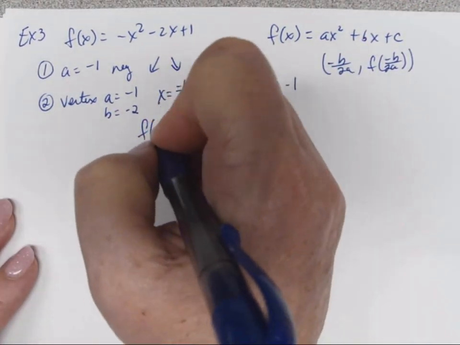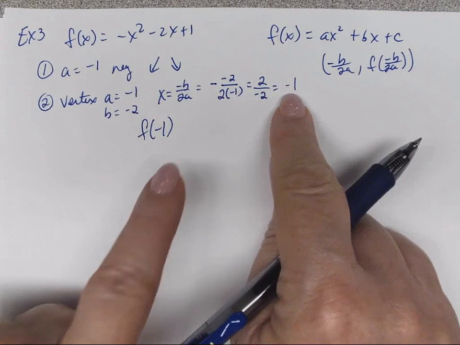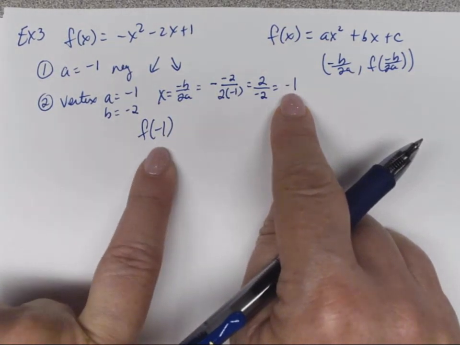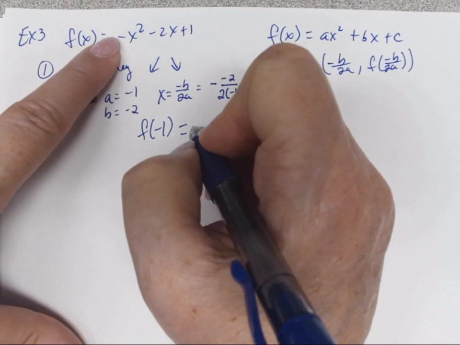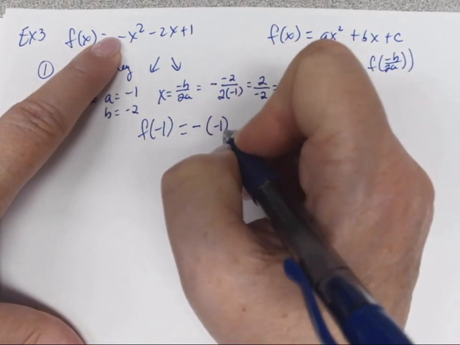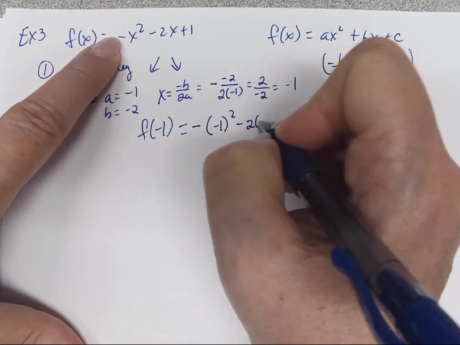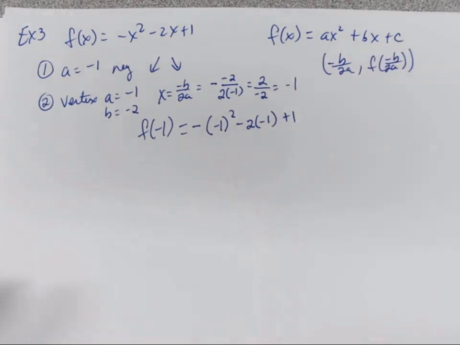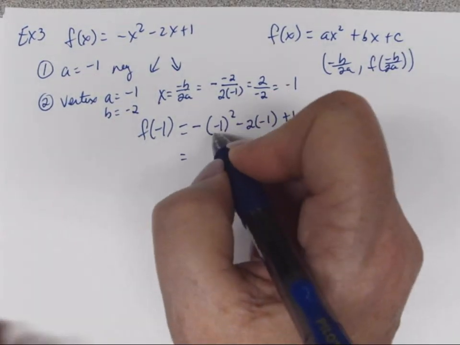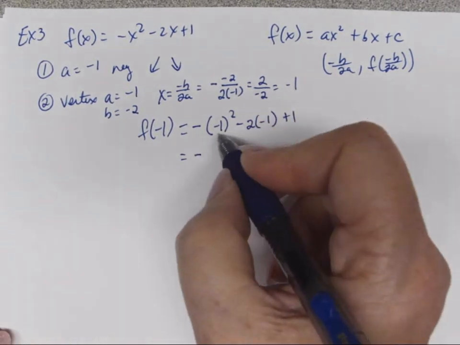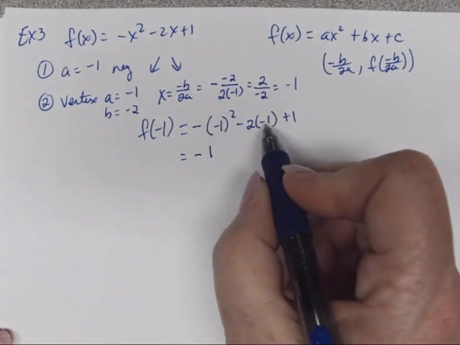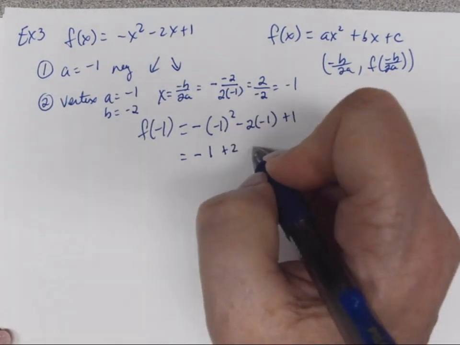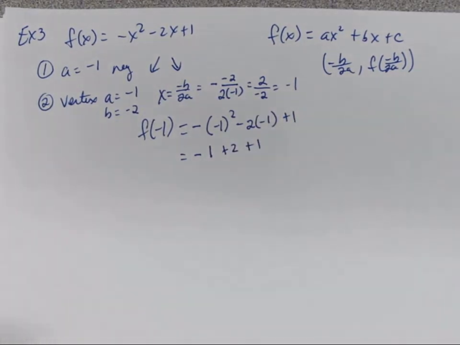So now we find the function at -1. So whatever your x value ends up being, find the function at that. So we'll plug it back into our original formula, negative times -1 squared minus 2 times -1 plus 1. So that'll be -1 squared is +1. -2 times -1 will be +2 plus 1.